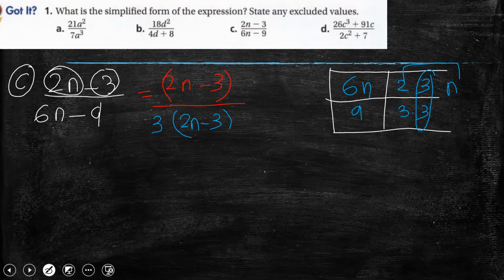Can I simplify now? Yes, teacher. I can cancel this. They are the same. So when I have 3 in the denominator, what do I have in the numerator? It'll be 1. Bravo.